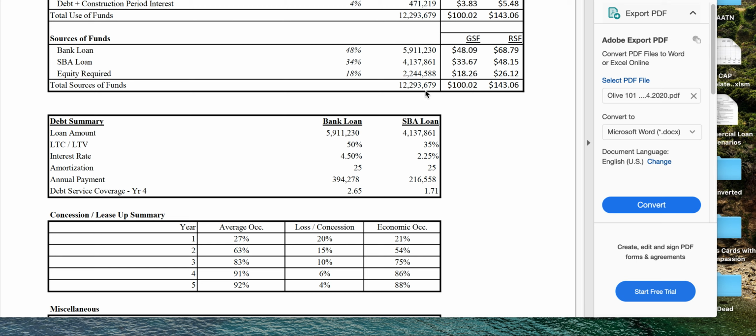Now, it's important, just as an asterisk or a footnote, that if the debt service coverage ratio doesn't work at 75% or whatever the loan to value they say, then you're constrained by the debt service coverage.